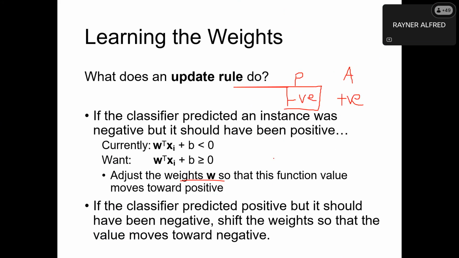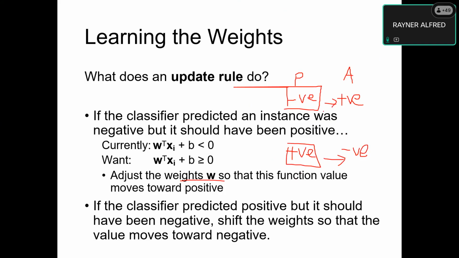And if the predicted value is positive but the actual one is negative, you want to change this one to be negative. Okay, so this is the update rule.